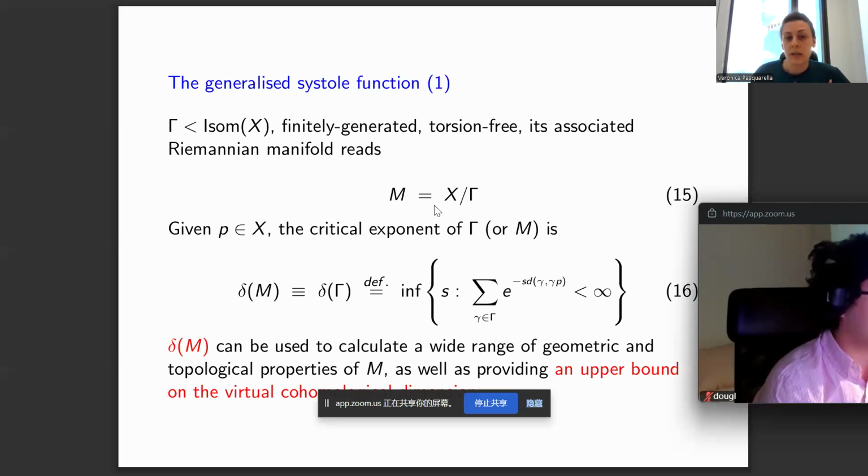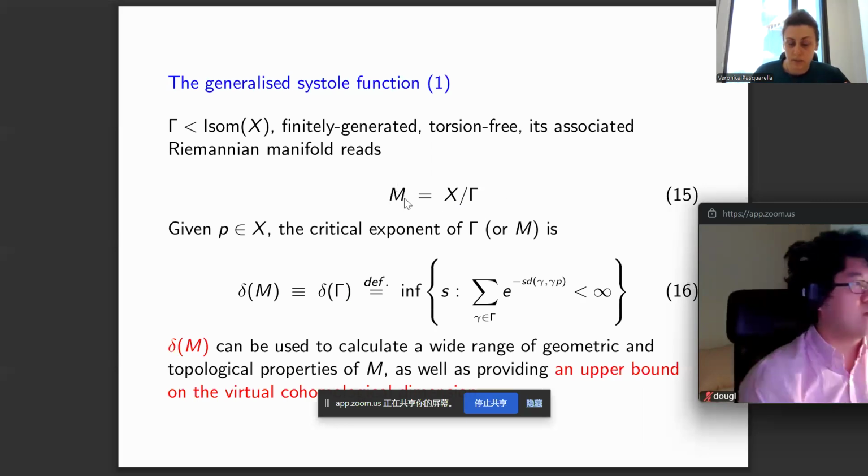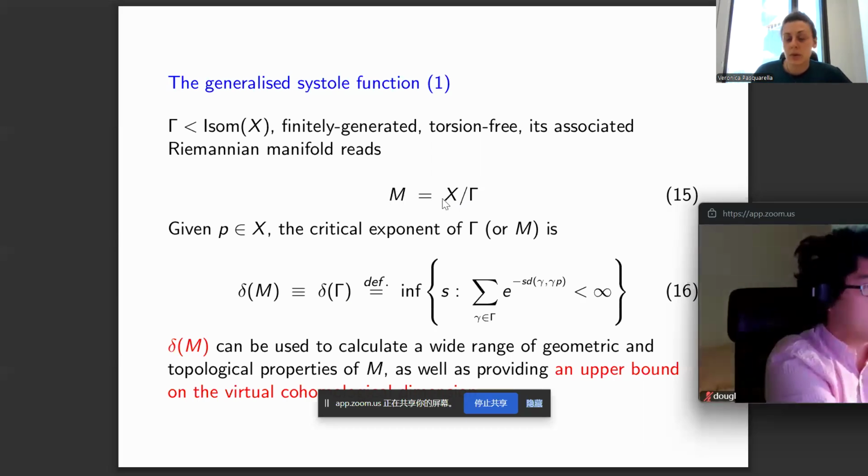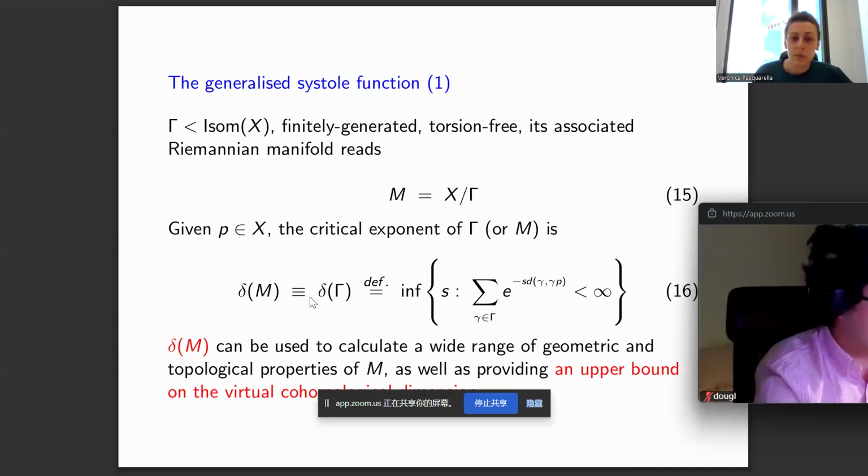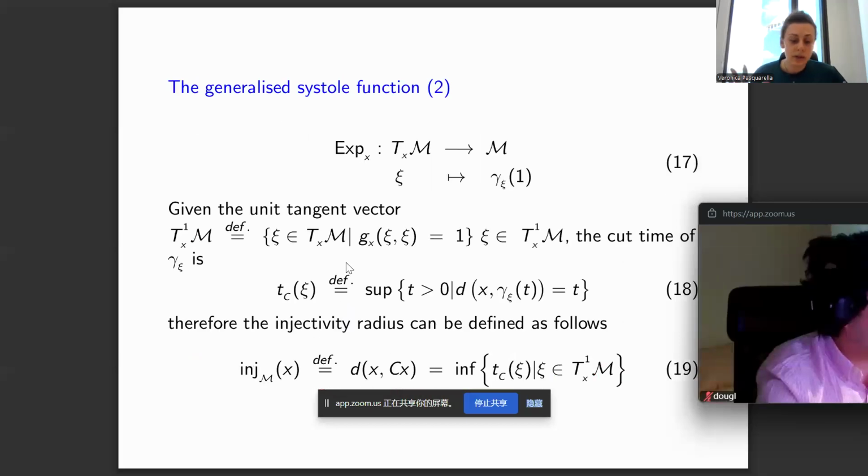You can think of this as the same as the moduli space obtained by quotienting the Teichmüller space with respect to the mapping class group. So the critical exponent is a tool that has been used in the past to provide upper bounds on the virtual cohomological dimension. And we know that the virtual cohomological dimension is equal to the dimension of the moduli space. So these are all ingredients that we need when we calculate the Gromov-Witten invariants.